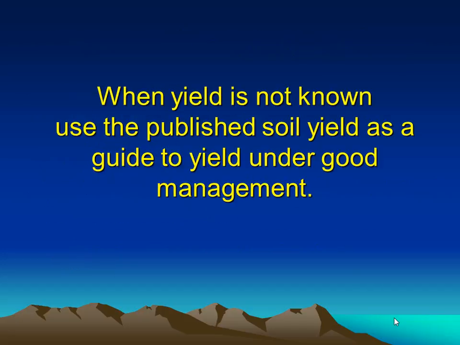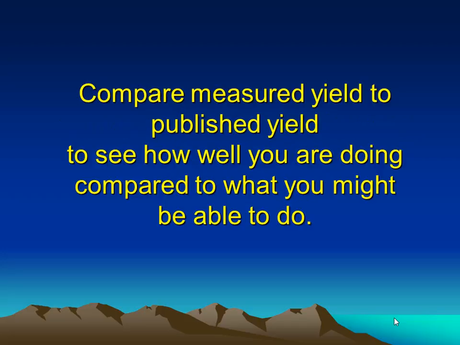And sampling and fertilizing. We talk about if you don't know your yield, we do have guidelines on what different soils are expected to produce for you. You can compare your own yield to those published levels to have an index of how you're doing.